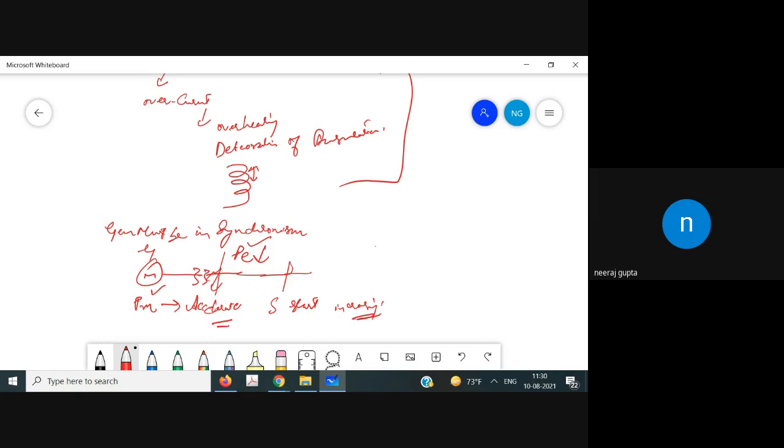And if the swing goes out of control or out of bounds, then the alternator has to be tripped out. So, in an interconnected power system, the system stability is at stake.